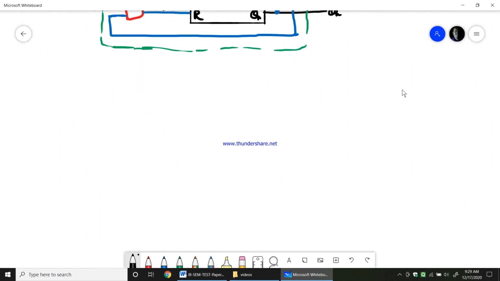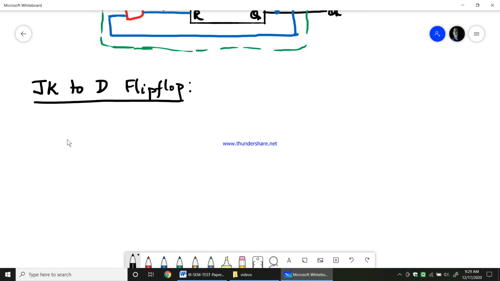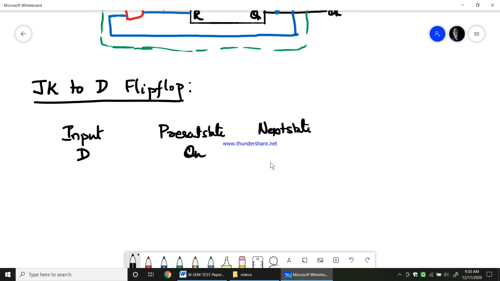Okay, now for the first column, the table would be the input which we are going to convert, D, then present state, Q, next state, Qn plus 1, then flip-flop inputs, which are now J and K.